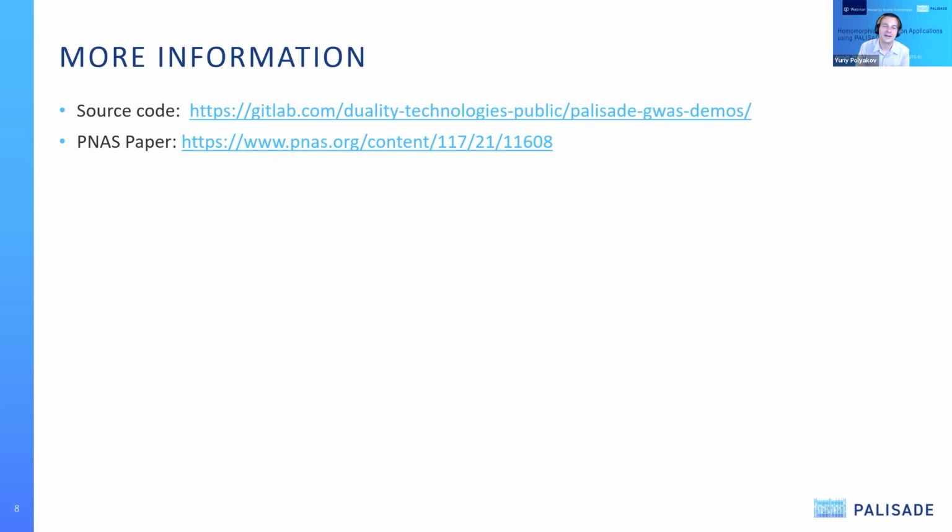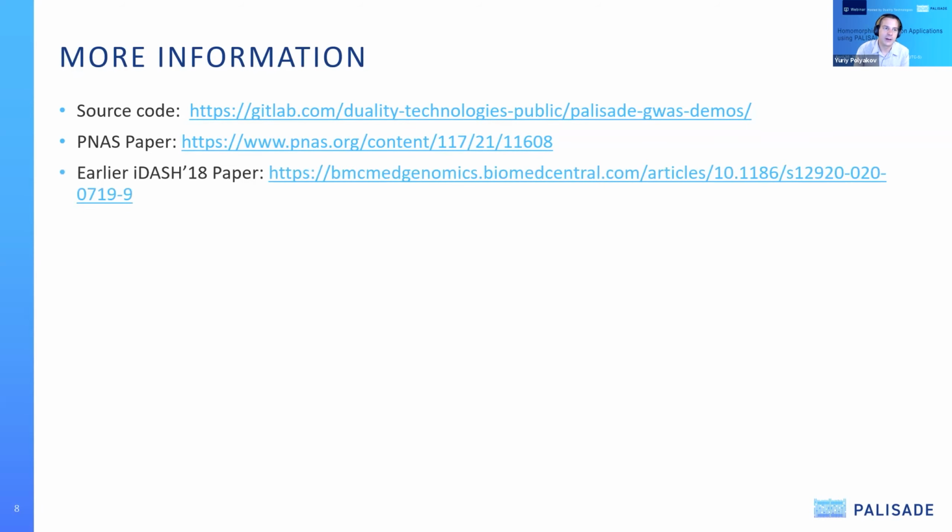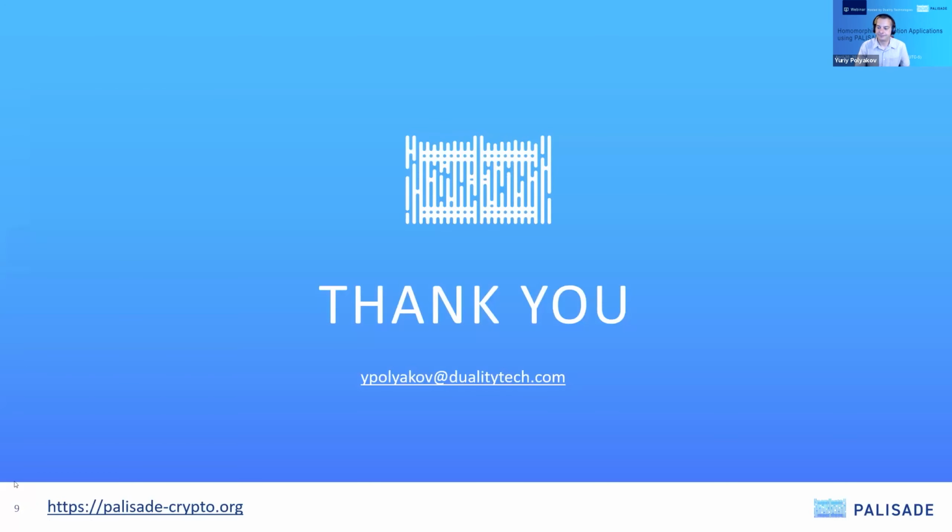And there's additional information in our earlier 2018 paper, which focused on the logistic regression solution. These two papers and the source code provide more technical information than was discussed in both Sasha's presentation and mine. Okay. Thank you.